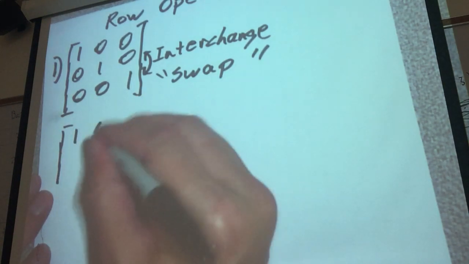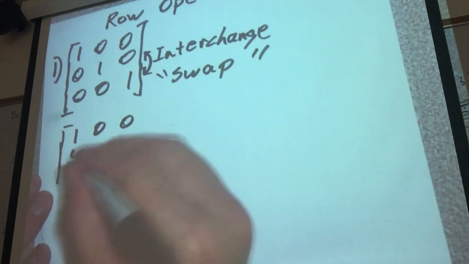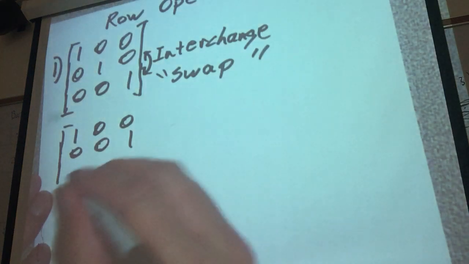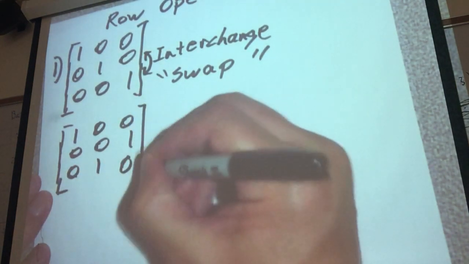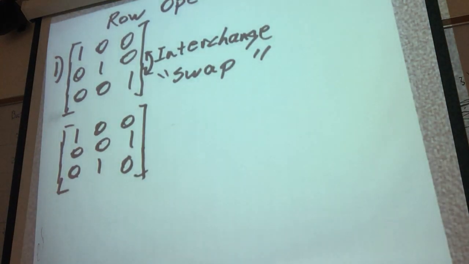We'd have 1, 0, 0, 0, 0, 1, and 0, 1, 0. Okay. So this is that first operation we can do. Okay, so we can take the identity matrix and we can interchange them, we can swap them.